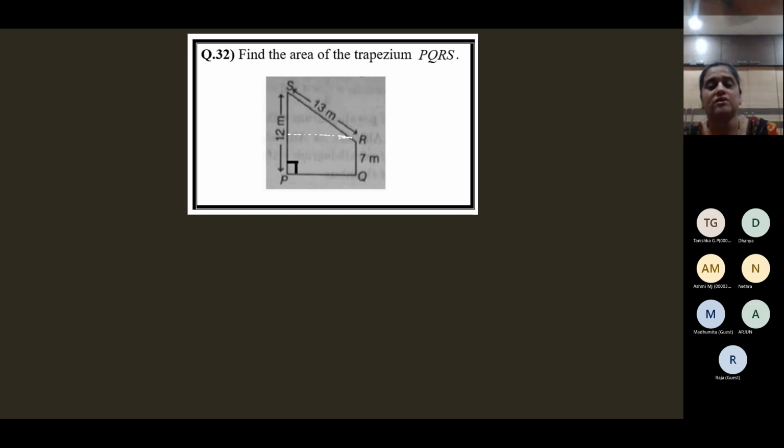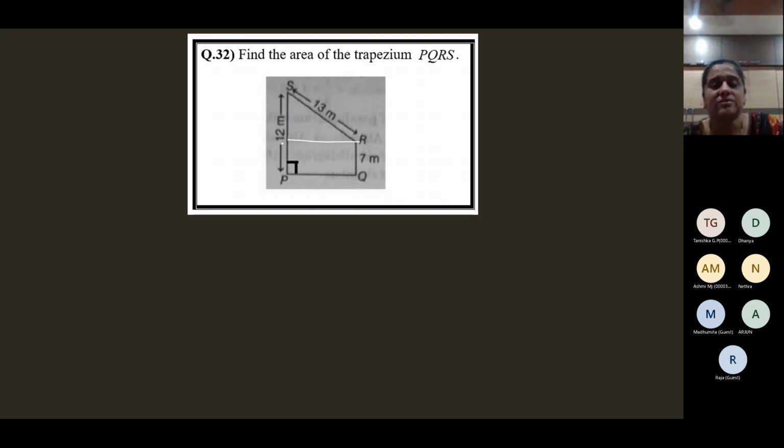Through R, draw RT perpendicular to SP. So now the whole thing is 12. This one is 7. So how much is this one alone, children? 5, ma'am.